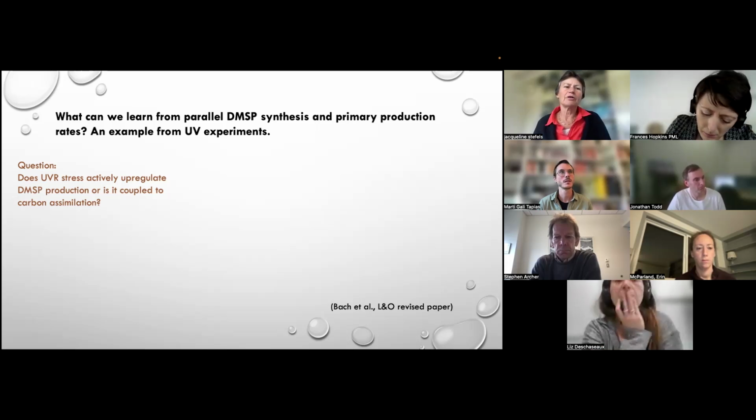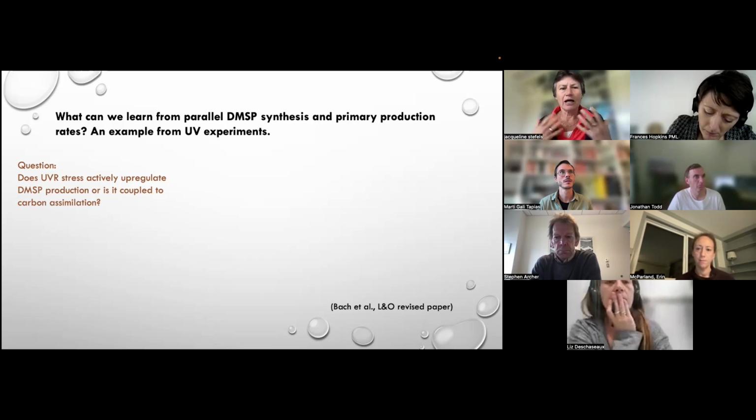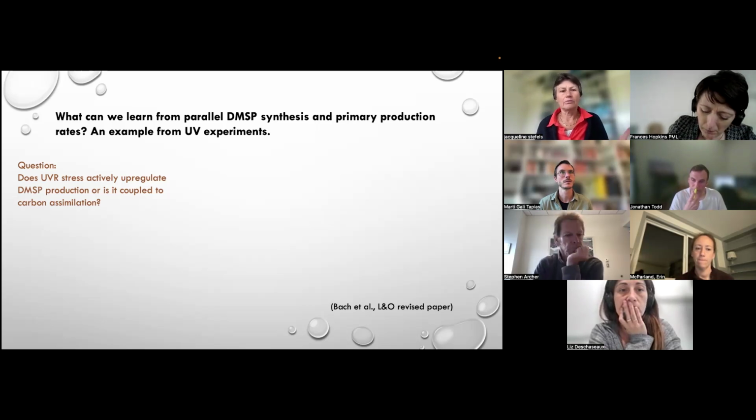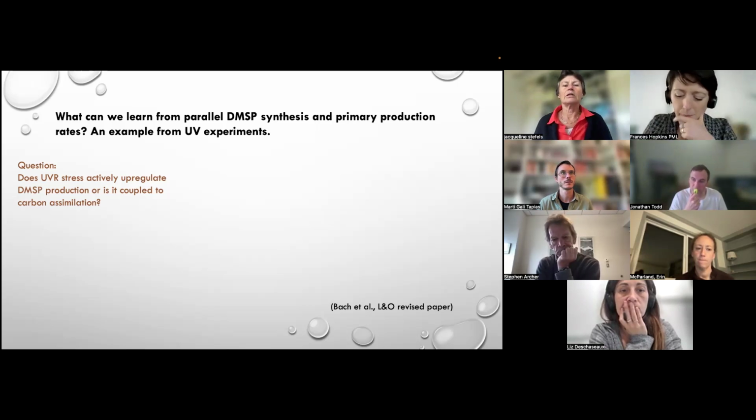Very often the question is how is DMSP regulated in the algae that we want to model, or that are very abundant in the environment.